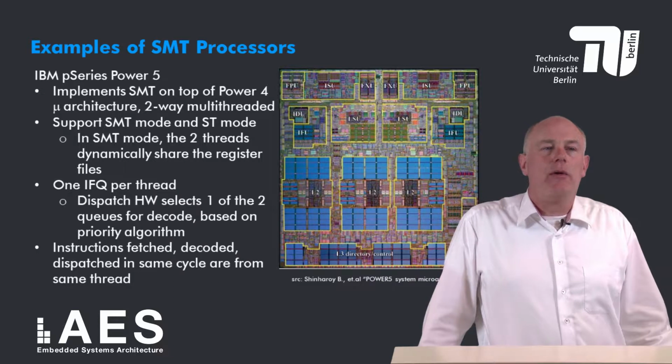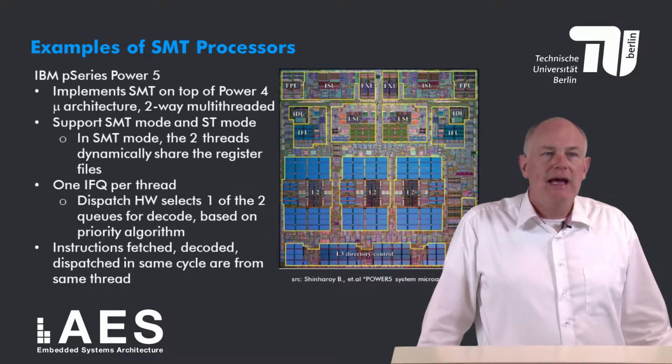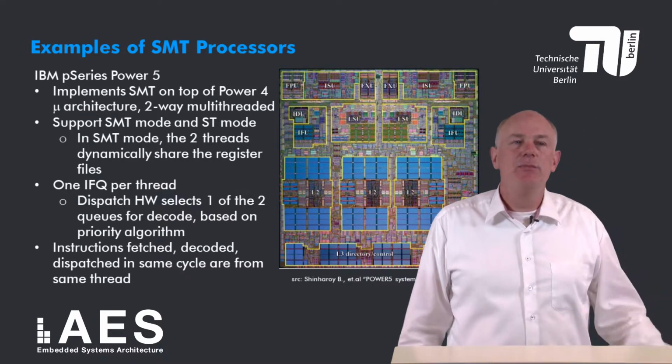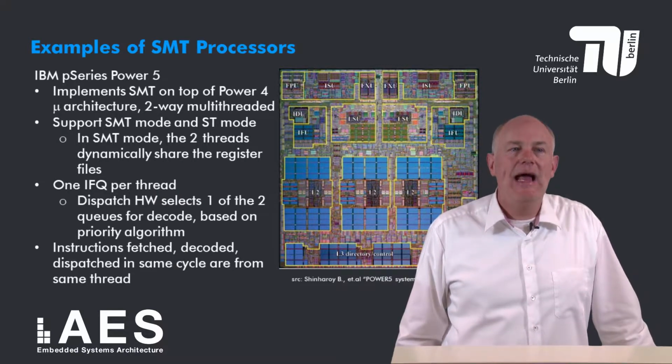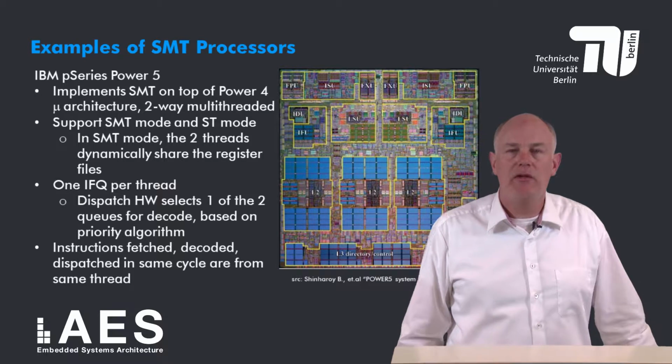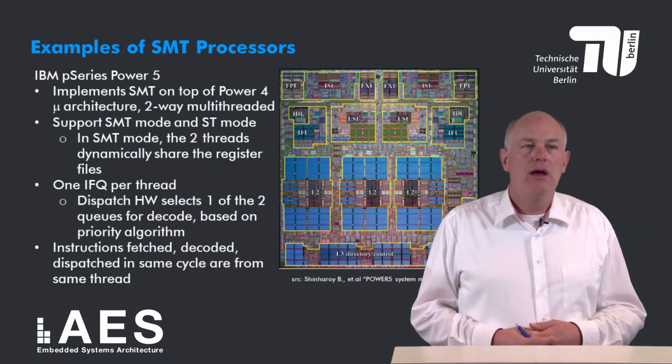Here's another example of a simultaneous multi-threaded processor, the IBM Power 5 processor. It implements simultaneous multi-threading on top of the Power 4 microarchitecture, and it employs two-way multi-threading, so it executes two threads at the same time.